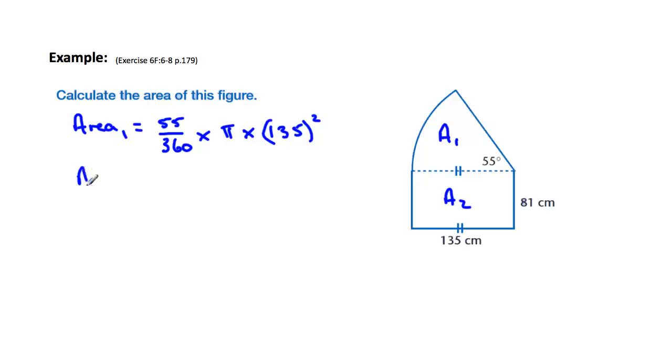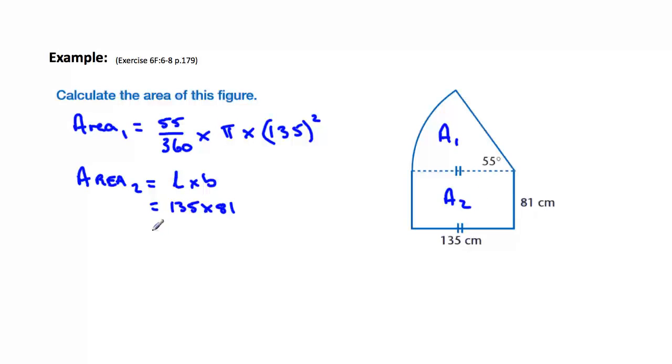Now our area 2 would be equal to the length times the breadth or the width of the rectangle. So that would be 135 times 81. Remember, not perimeter but area.